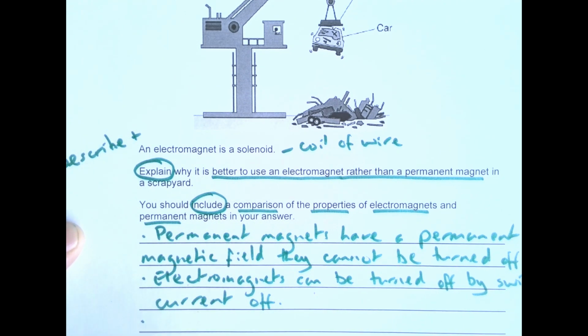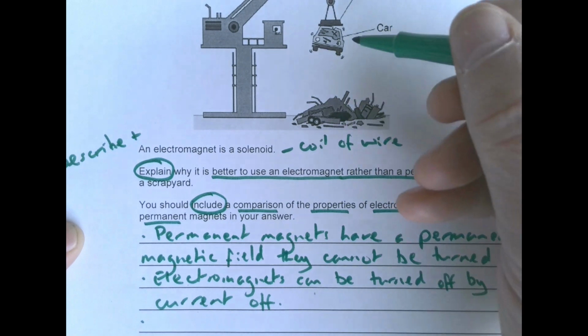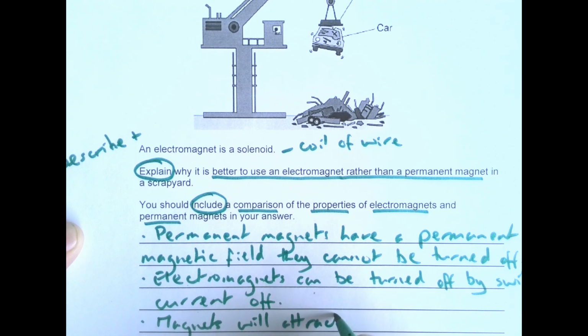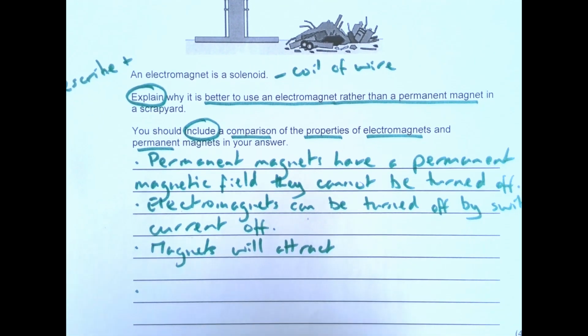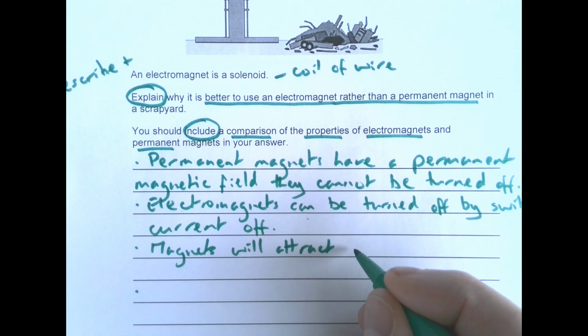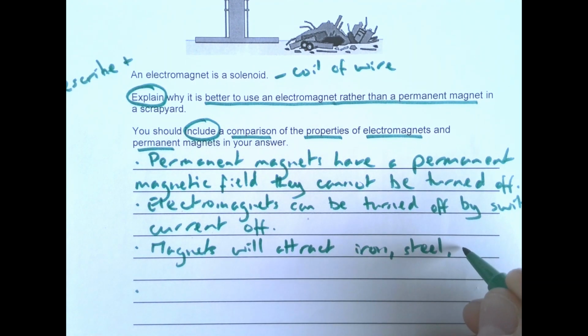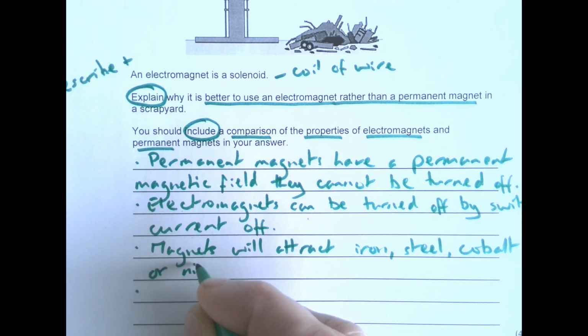I might say here that in terms of the bits of the car, magnets will attract the metals I can remember: iron, steel, cobalt, or nickel in the car.